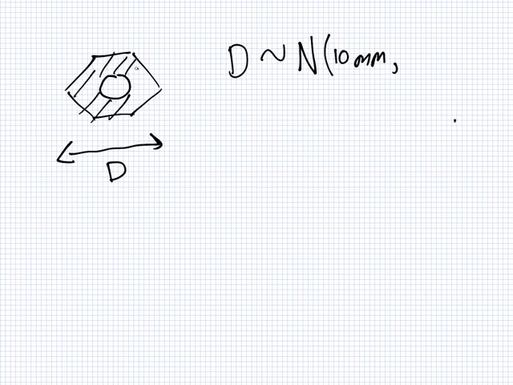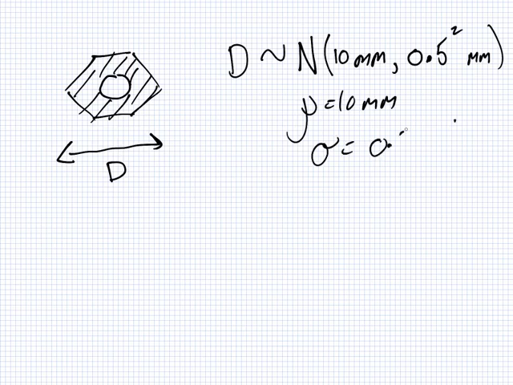It's a nut. Now, what will we say is the standard deviation? I would say 0.5 millimeter. So 0.5 millimeter is the standard deviation. So the average is 10 millimeters, and the standard deviation, I'd say, is 0.5 millimeter.